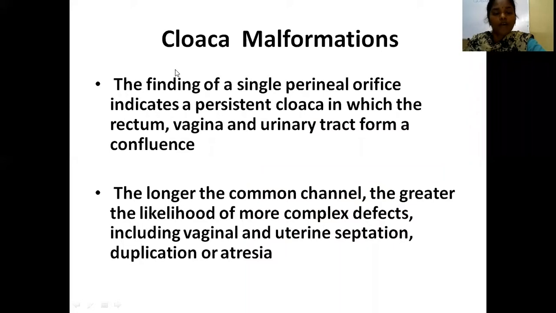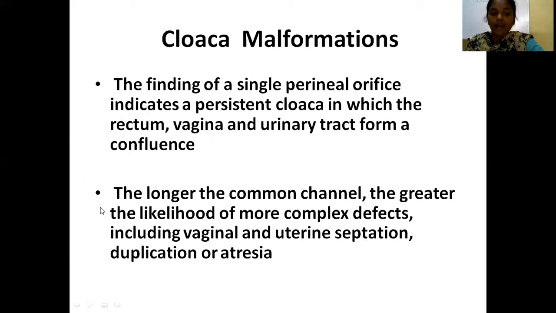Cloacal malformations. As already discussed, cloaca is a single persistent chamber. The finding of a single perineal orifice indicates the persistent cloaca, into which the rectum, vagina and urinary tract all open and form a common confluence. The longer the common channel, the greater the likelihood of more complex defects involving the other systems like the urogenital systems, including vaginal and uterine septations, duplication or atresia.